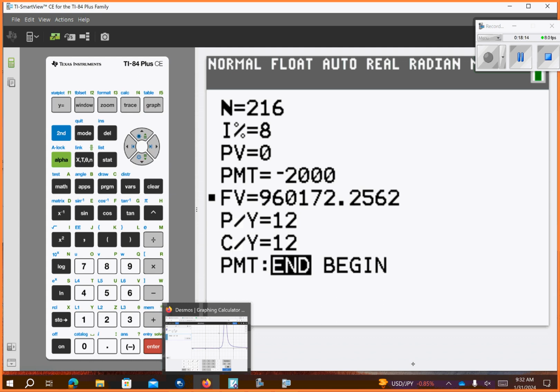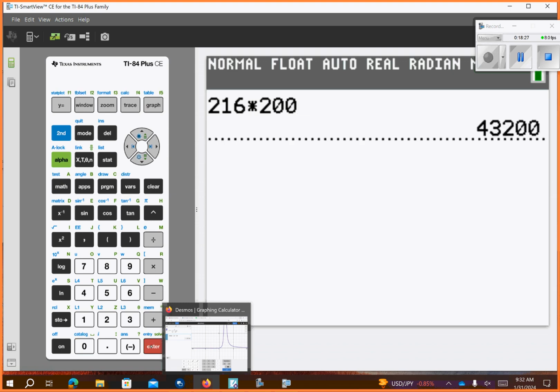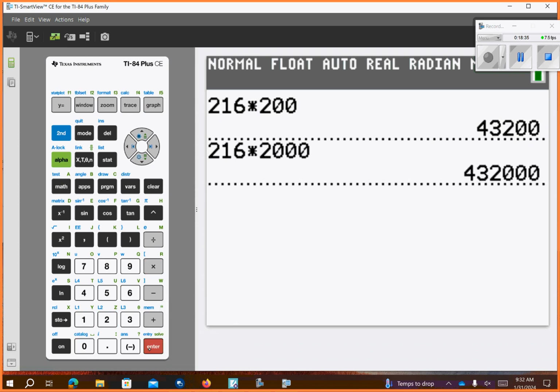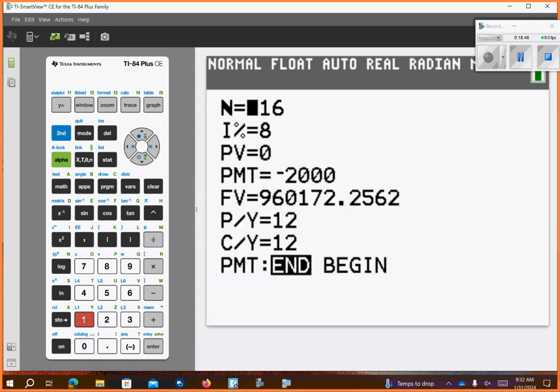Originally, I'm going to come back to this, 216 times 2,000. So I invested $432,000 over the past 18 years, and by doing the math the right way, did I make money? Yes.